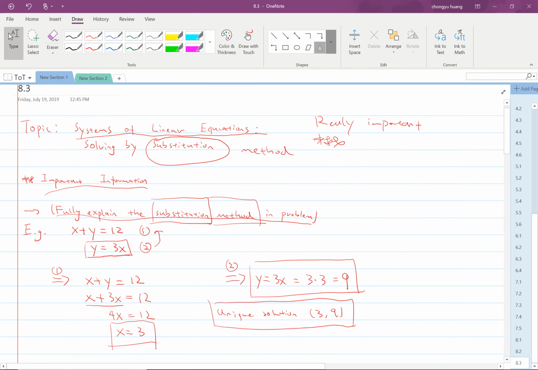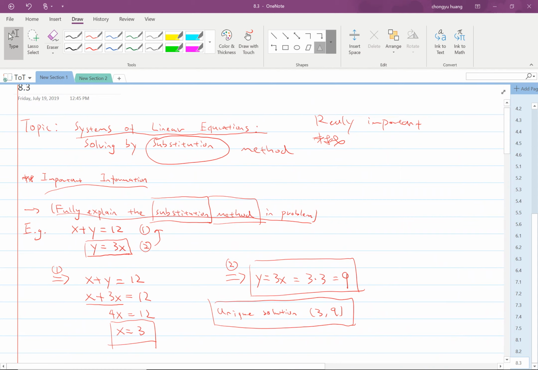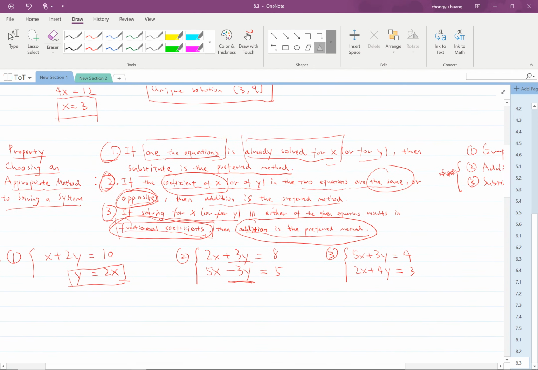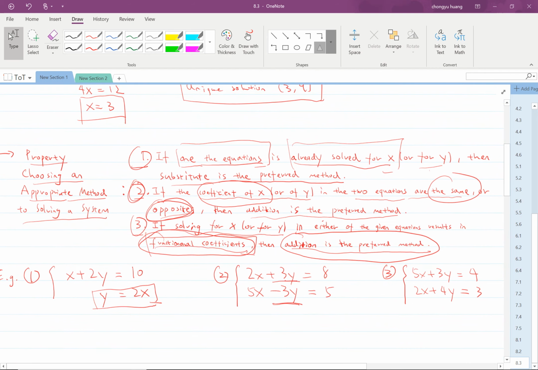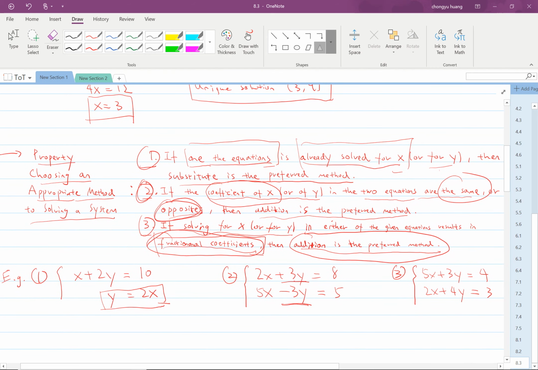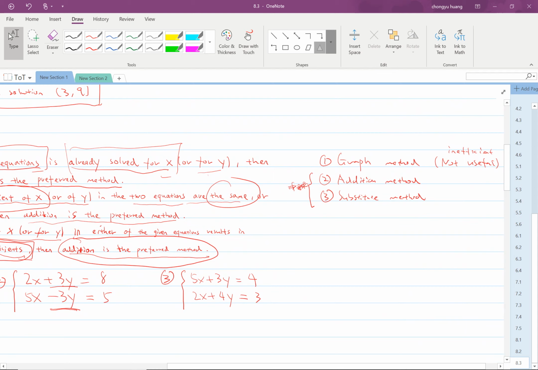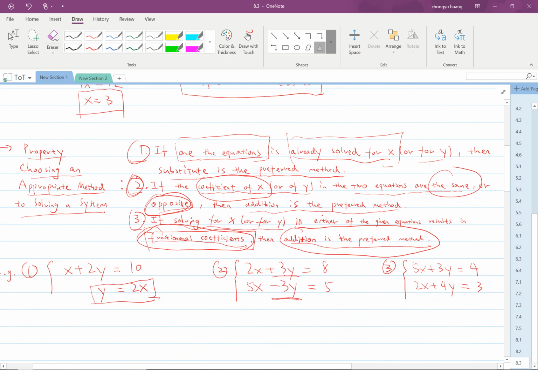At the beginning we used the substitution method, and after that I talked about the properties, and the difference between those three properties. I also mentioned that we're only going to focus on the addition method and the substitution method. Graphing method is inefficient.